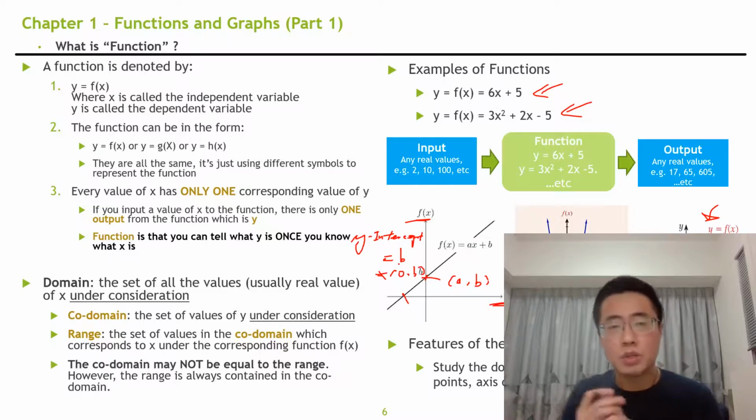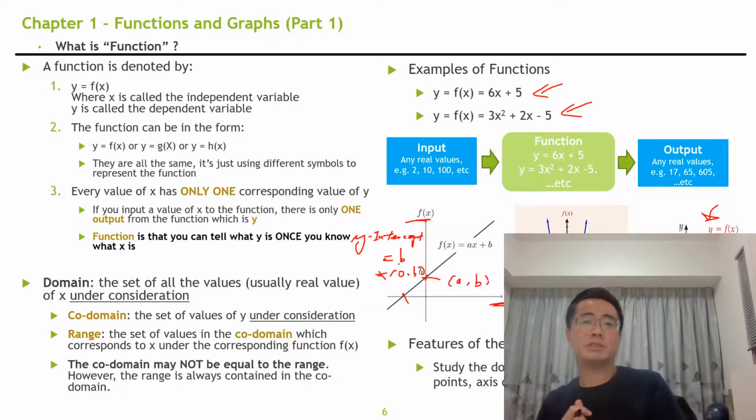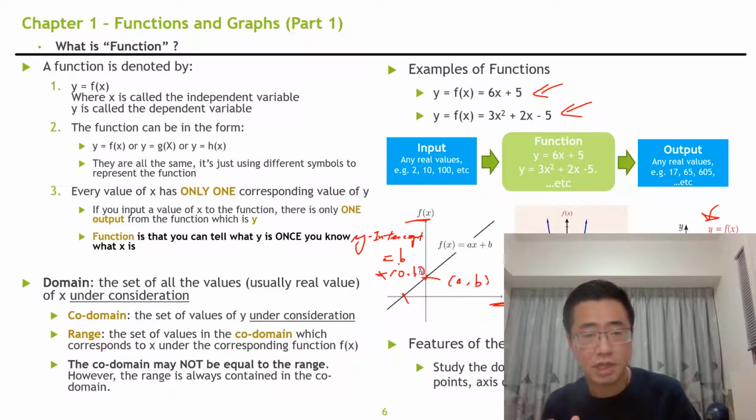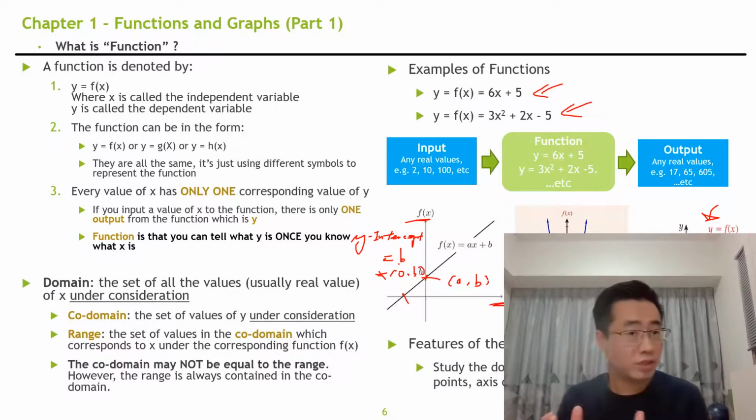So in short, learning the graph is very important, because graphical representation can usually assist us in better understanding the functions and also solving the equation. Remember what an equation is, right? An equation is actually related to a function.